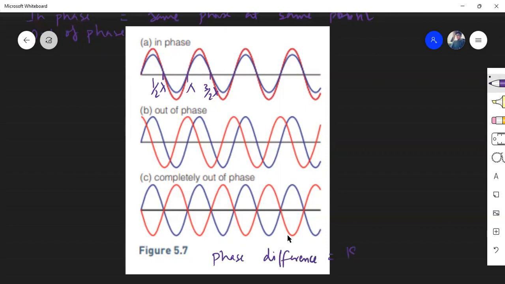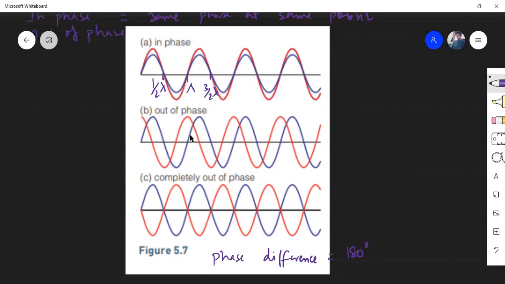Can you take a screenshot of all of these notes? Or you'll have a copy of all these notes, right? Yeah. So phase difference of 180 degrees. Okay. And what about out of phase? What's the characteristic there? So the out of phase characteristic is that when the two waves are not in phase, they are said to be out of phase. That's just the simple definition of out of phase.